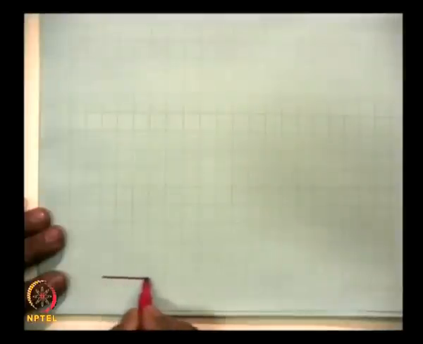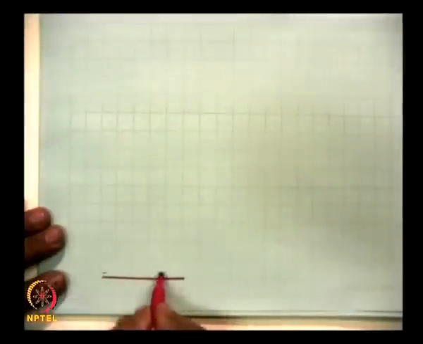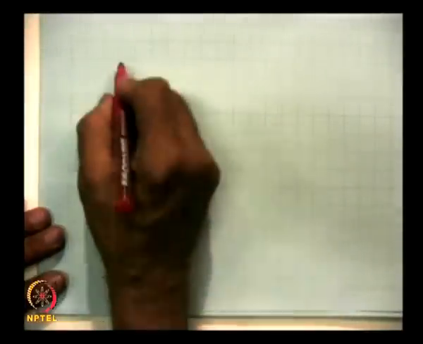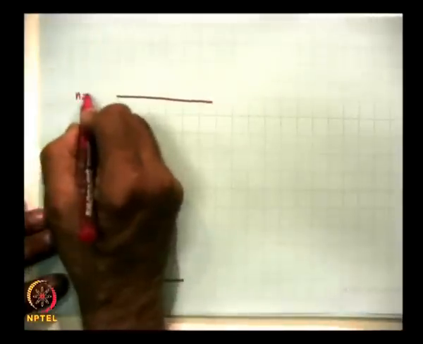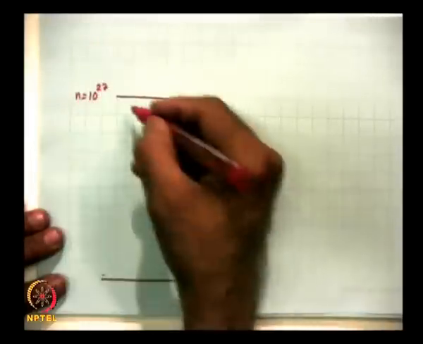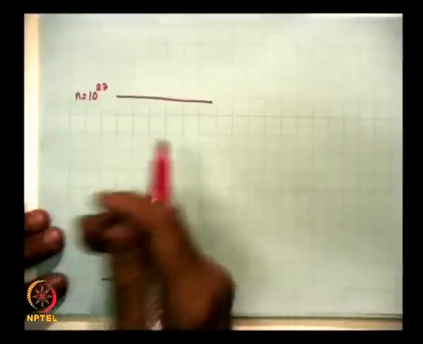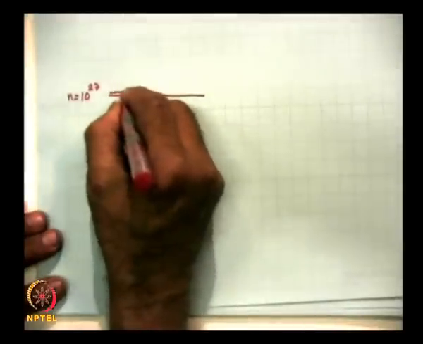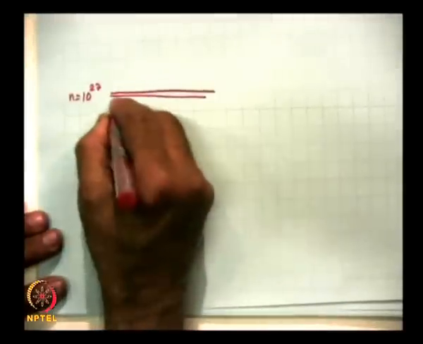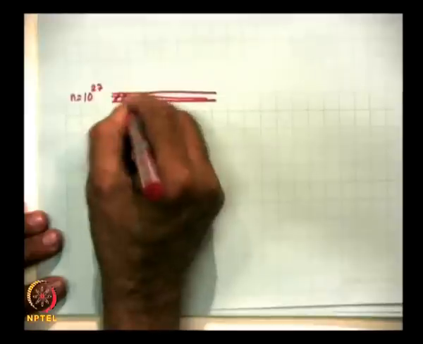So, I hope I am able to make you understand that this is the ground state of the oscillator, and this is n equal to 1, n equal to 2, n equal to 3, and you come here and it is n equal to 10 to the power of 27. So, there are so many billions and billions and billions of states. Here a very large number of states get excited.